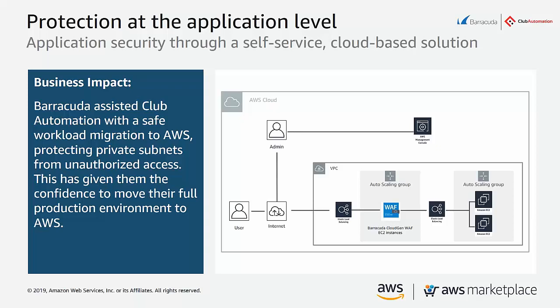And I think David mentioned this, a lot of people's views are based on several-years-old capabilities of not only the cloud, but also software vendors' ability to protect assets in there. Things have moved a long way since those early days. So when they looked back at AWS and in particular Barracuda, they were quite surprised, and were able to move their workloads across and are heading towards a full production environment running on AWS now.